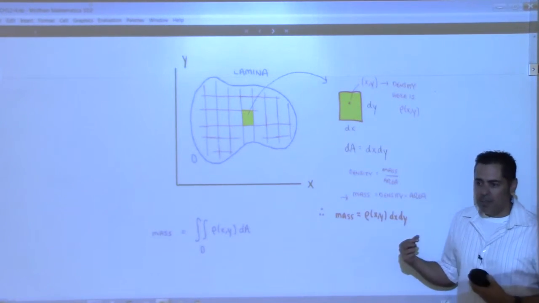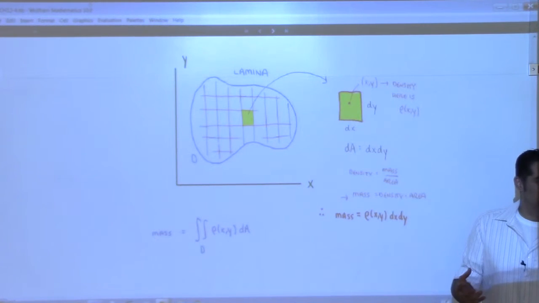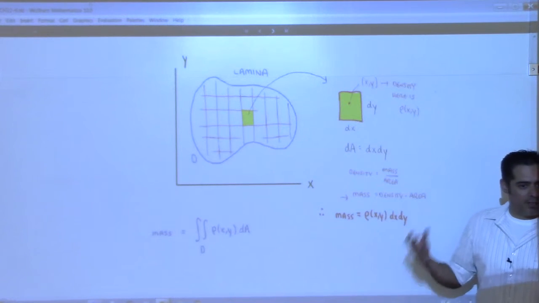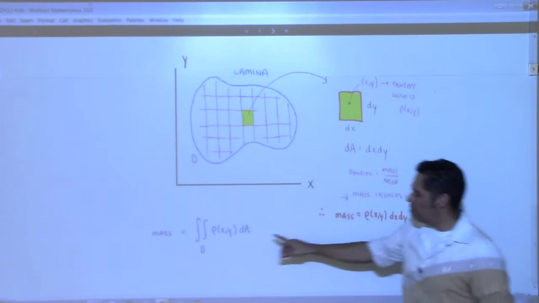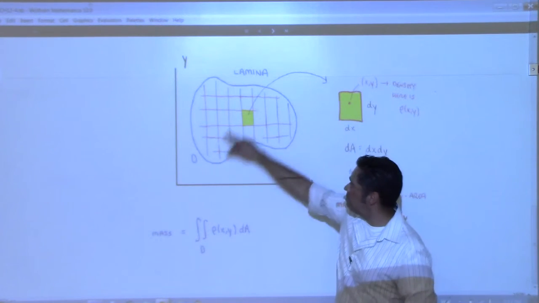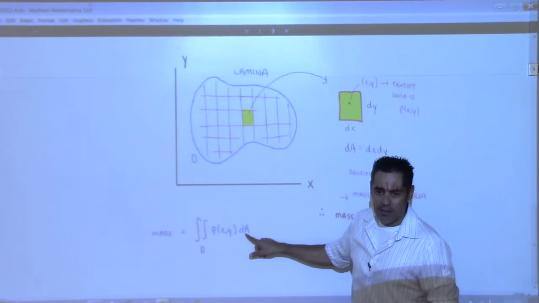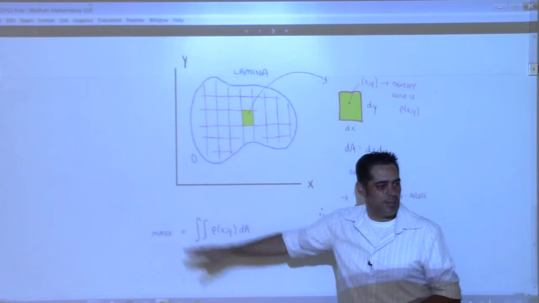If somebody tells me the density at each point, then I have a function, which we call rho of x, y, our density function. So if we want to add them all up, we do a double integral over D, the region, of the density function times the area. This really means density times area, and it will give you your total mass.